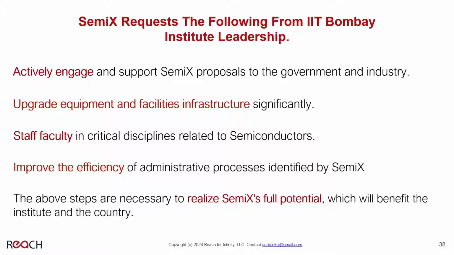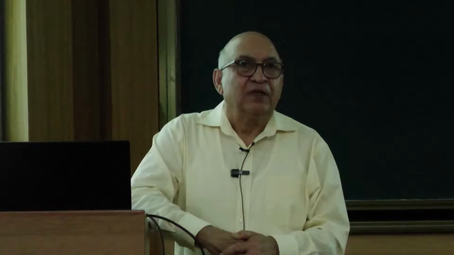Come with a conviction to support and back SemiX. Upgrade equipment and facilities infrastructure significantly. We can't say we want to play in this game, but not change the bat and the ball and the wickets that are required to play in this game.